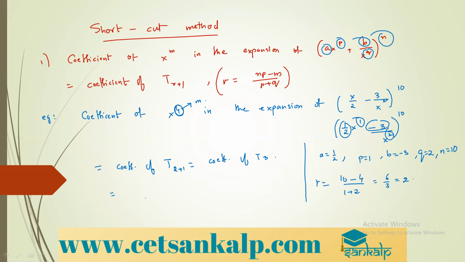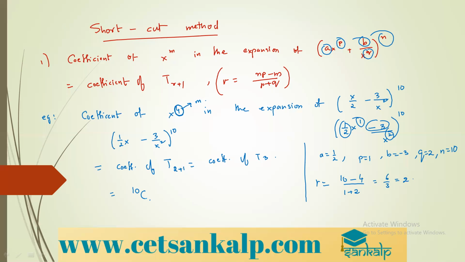So how will I find the coefficient of the T3 term? In the expansion with power n, nCr will be, because we are finding the T3 term, 10 is the power, as I am taking the expansion (1/2 x − 3/x²)^10.